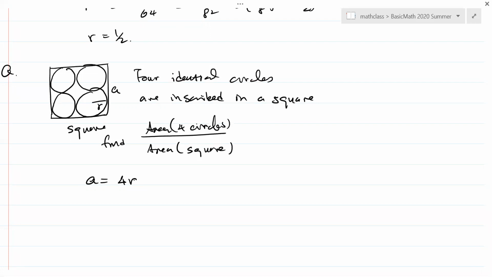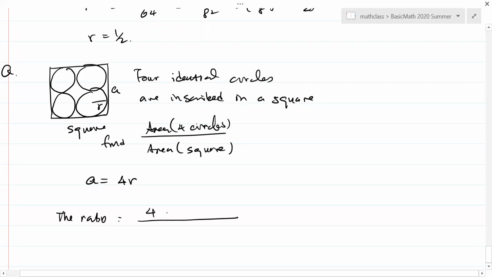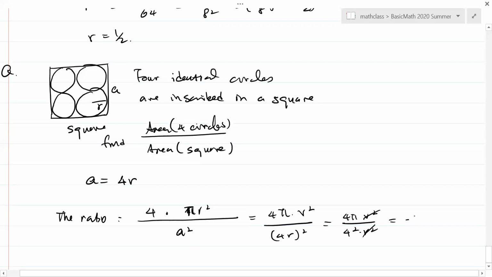Then the ratio is going to be 4 times the area of the circle, pi r squared, over the area of the square, which is (4r) squared. Then you simplify: it's 4 pi r squared over 4 squared r squared. So r squared is gone, and what is left is just pi over 4.